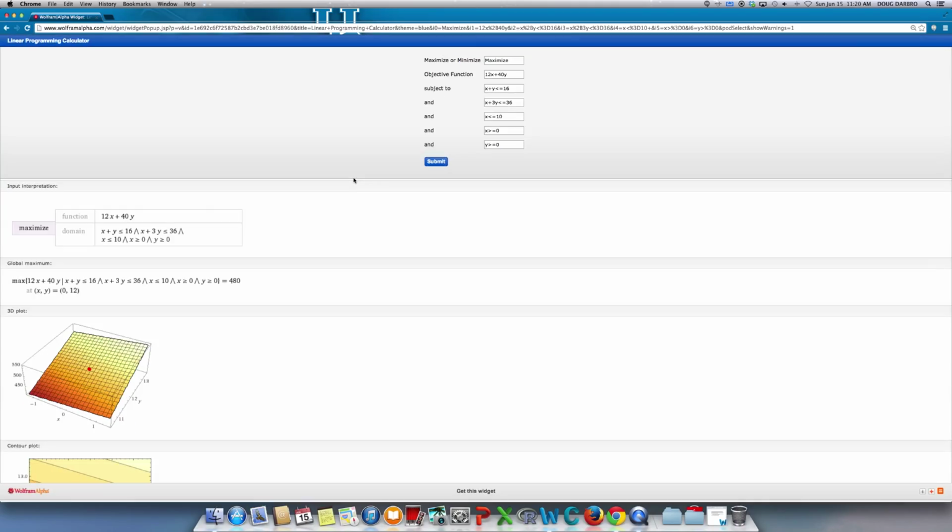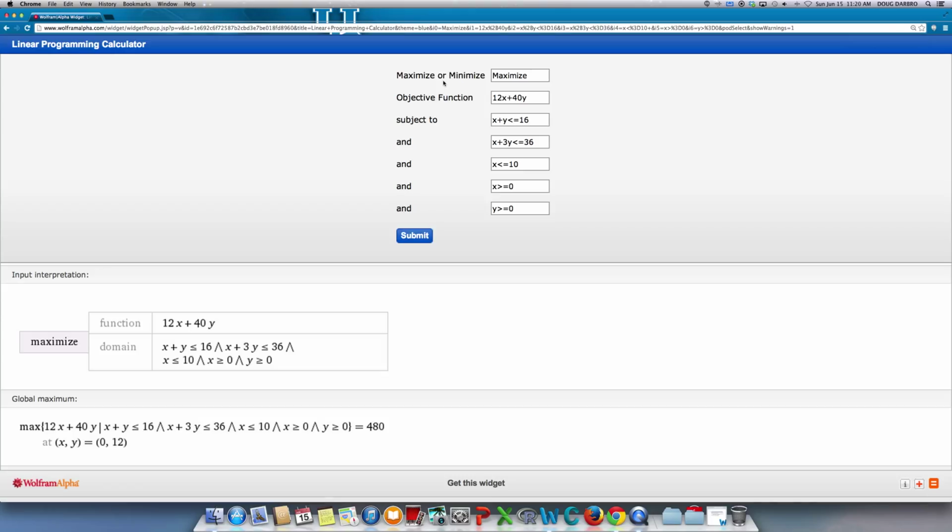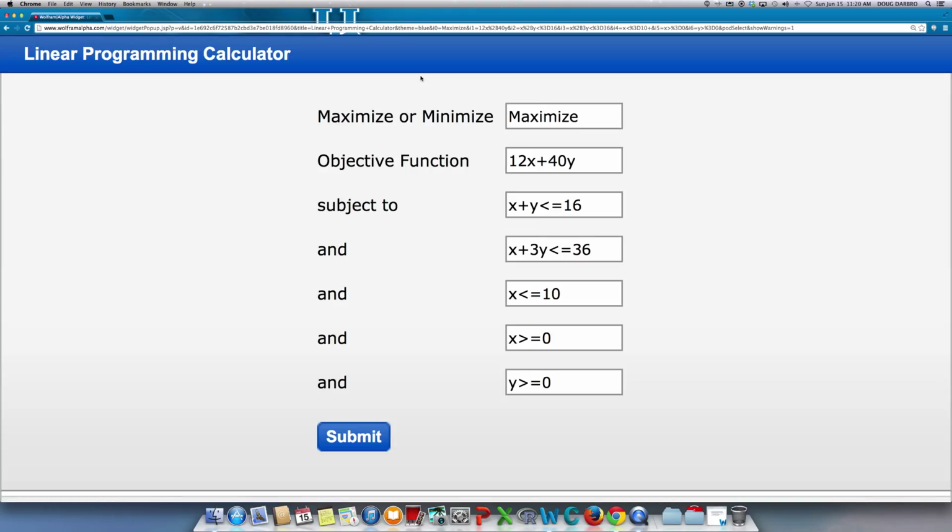Let's make this larger. Alright, so first thing it tells us is maximize or minimize. And I'm going to go back to the very first problem that we did. So the linear LP problem was we wanted to maximize, and our X was 50 and our Y was 80.